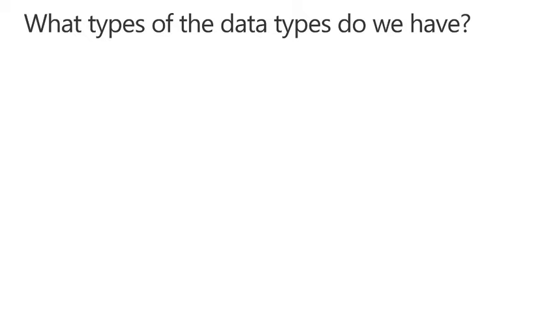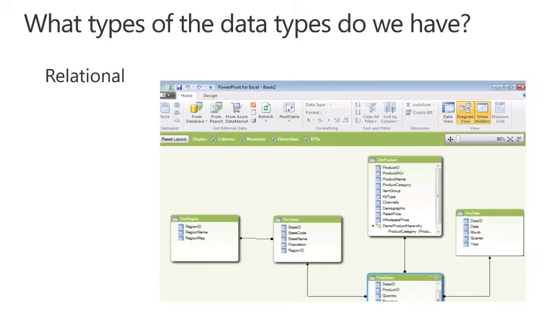So those are data types. But how can we classify them? I see that we can classify them in 2 ways. Data types can be relational. So you can actually establish relations between tables on the given columns.